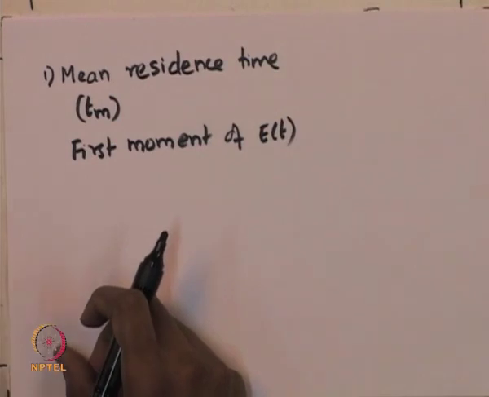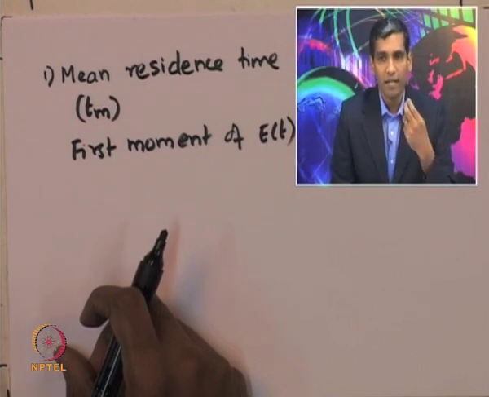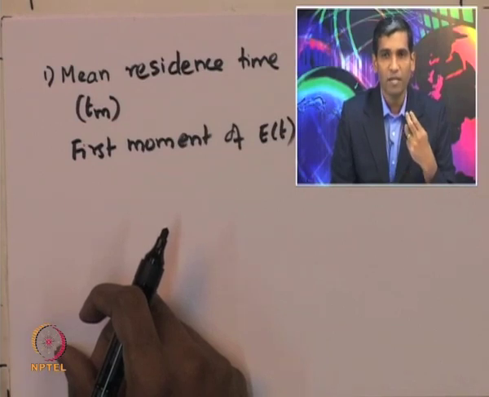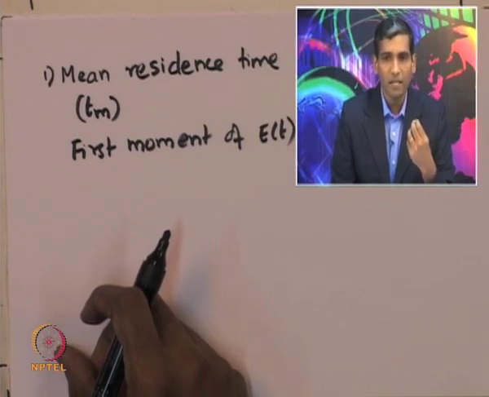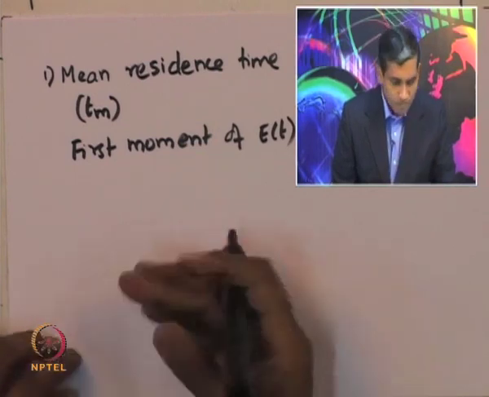E of t is a distribution, and it can be used to decipher some of the properties of the distribution itself and of the reactor system. For example, mean residence time is an important property that is used to control various things in the system.